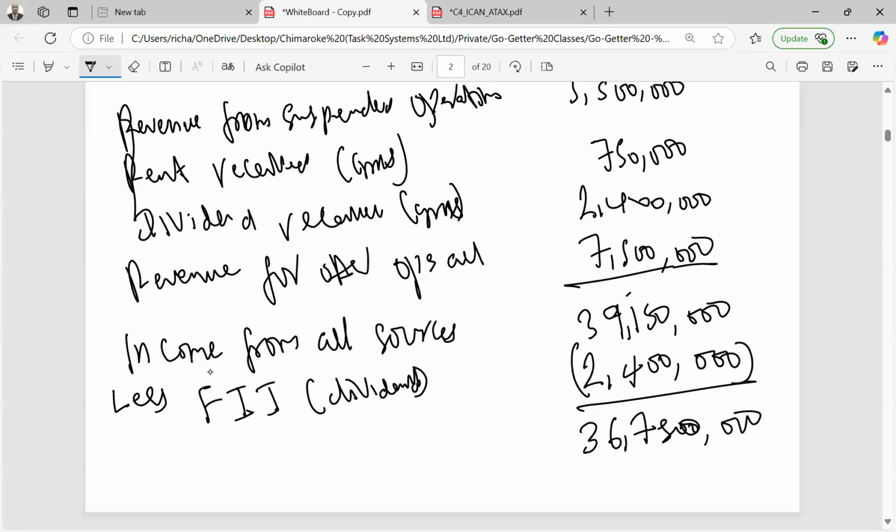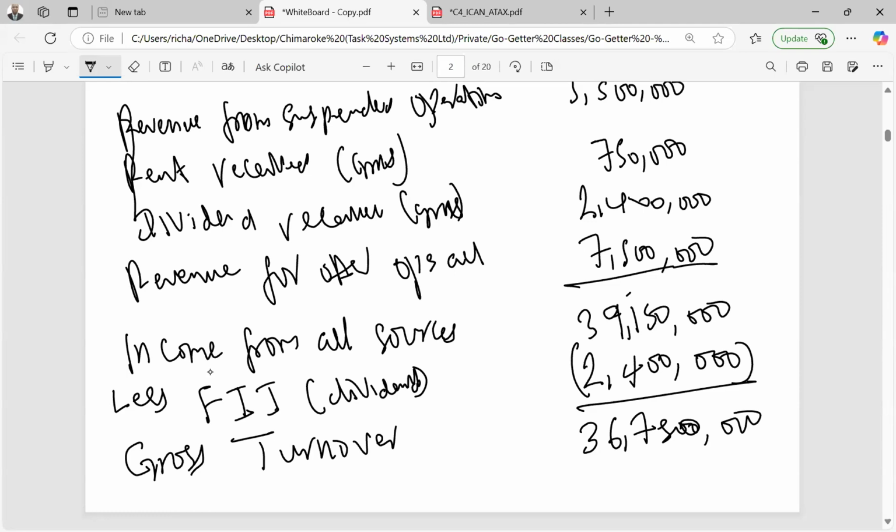So this is your gross turnover. From what we read before, if this 2.4 million had not come here, we would not have deducted it here. It means that it did not appear at all, and so it's not going to be deducted at all. But making it appear here and deducting it here is best, so that the government and everybody knows that this revenue was made and is deducted by law.